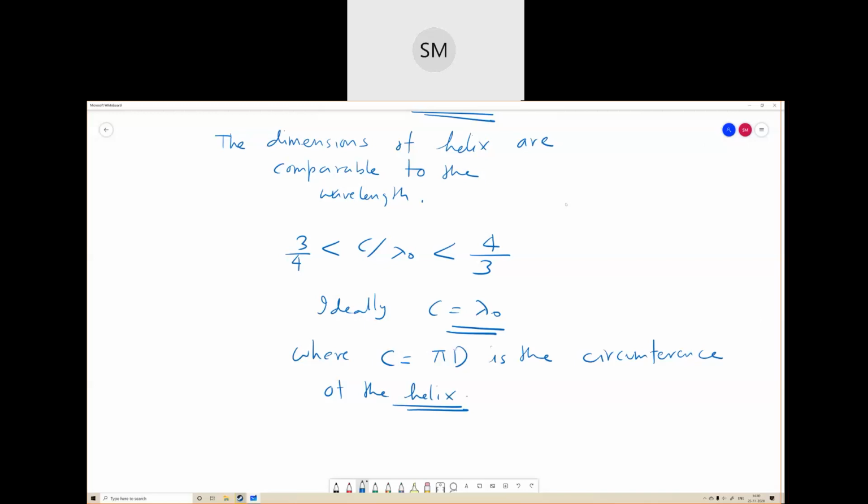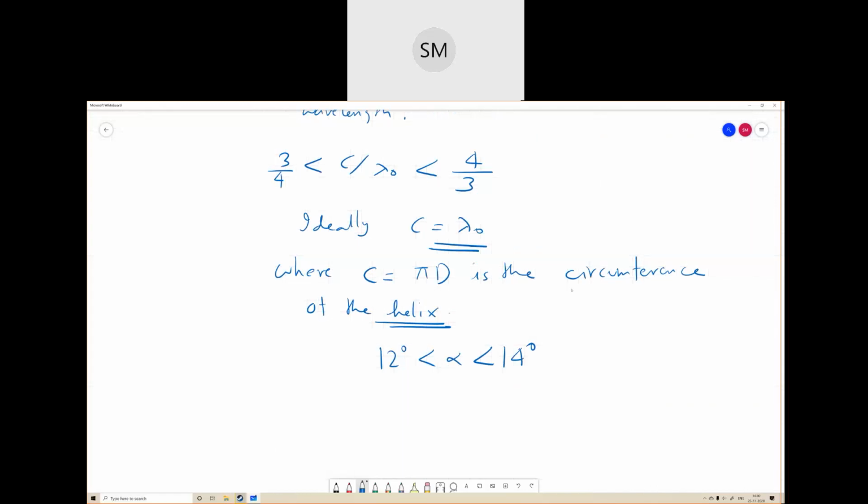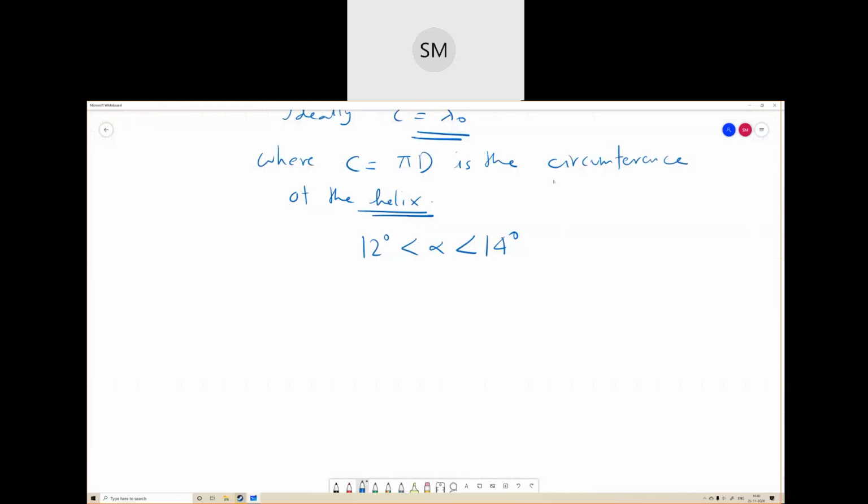And the pitch angle usually ranges from 12 degrees to 14 degrees. Right. The radiation pattern for this helix antenna is end fire, and it is somewhat similar to the next antenna we will discuss today.